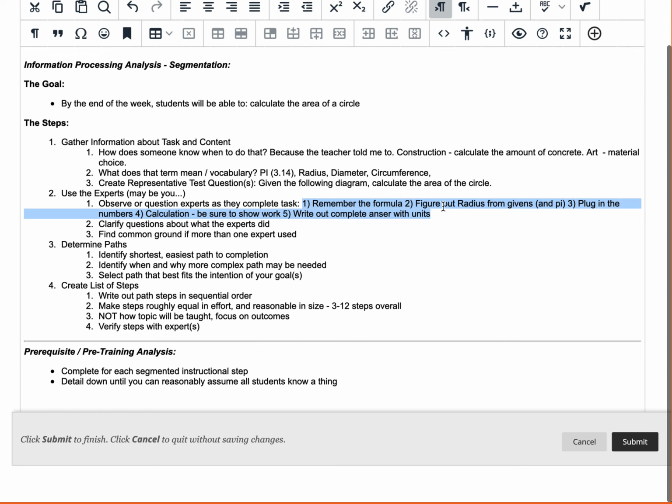And then figure out radius. And from that, you would also want to make sure that people can get the radius from the diameter. So they would need to know that the diameter is twice the radius, and so on. And making sure that they know pi. And then putting numbers in, calculating, and then writing out your answer.